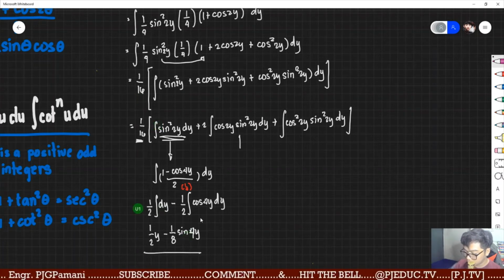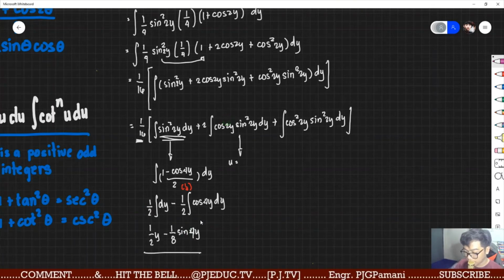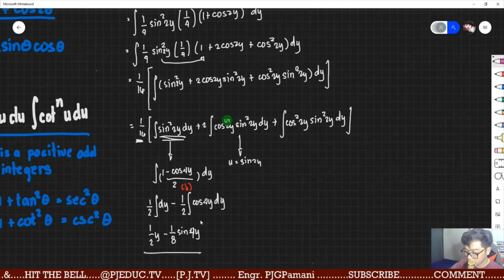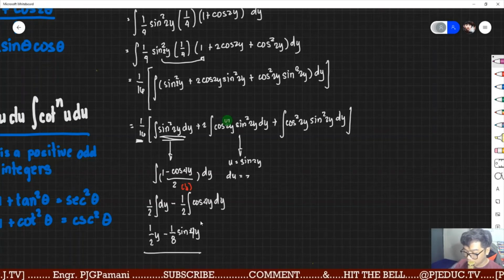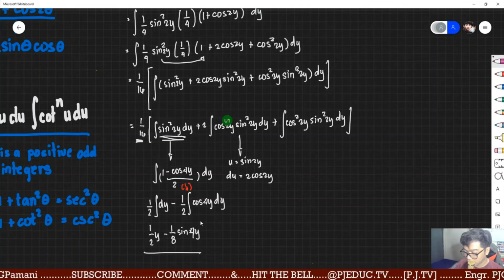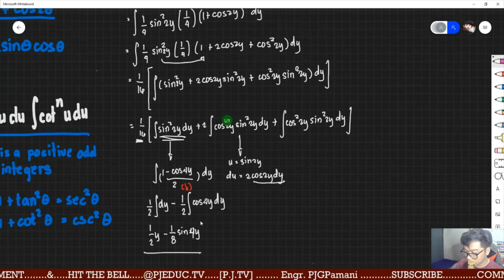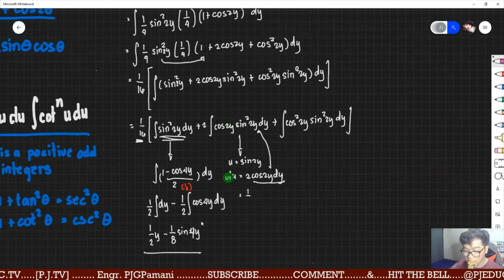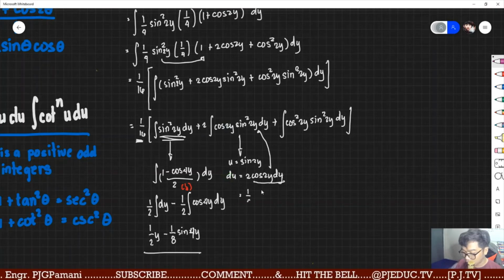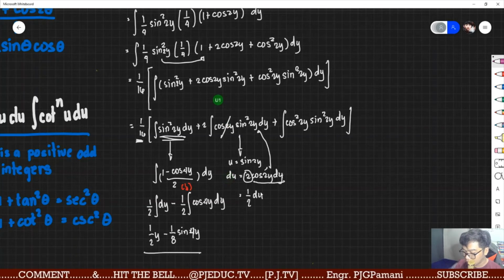Then, dito tayo. We know that if we consider the term sine 2y as our main function, we can then differentiate that as 2 cosine 2y dy. Knowing that cosine 2y dy is also present in our integral, we could always introduce a correcting factor of 1/2 du. So, maka-cancel na siya.